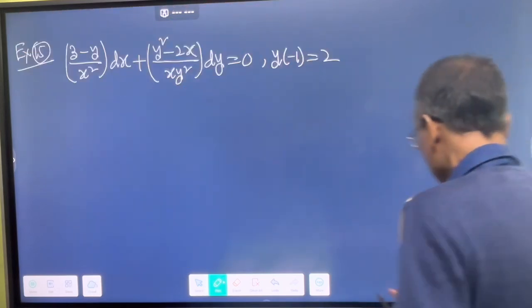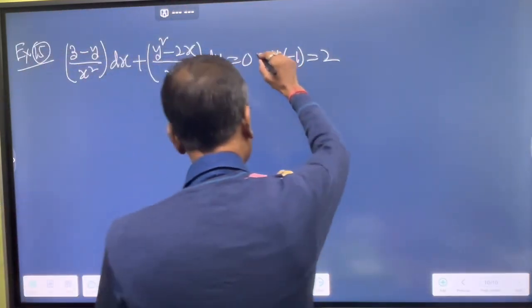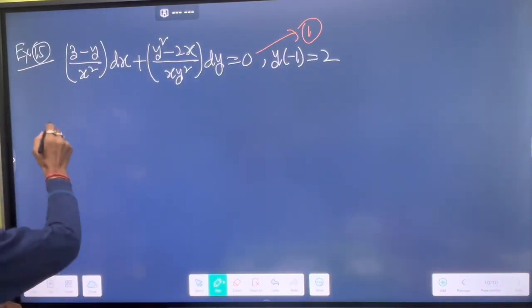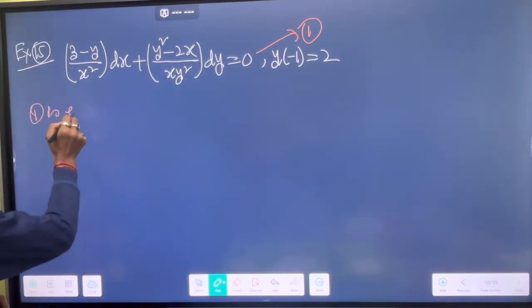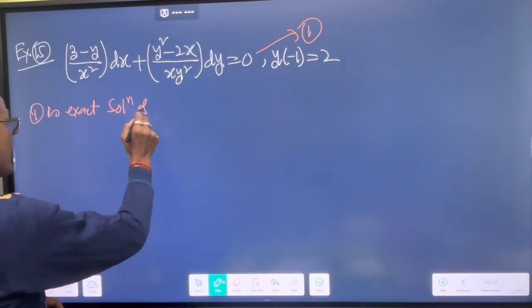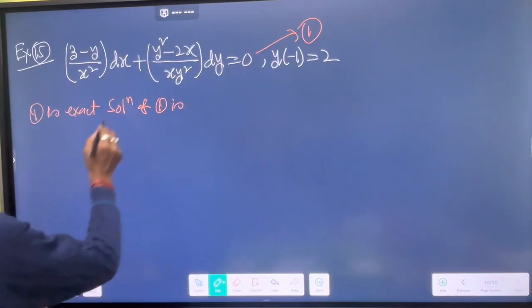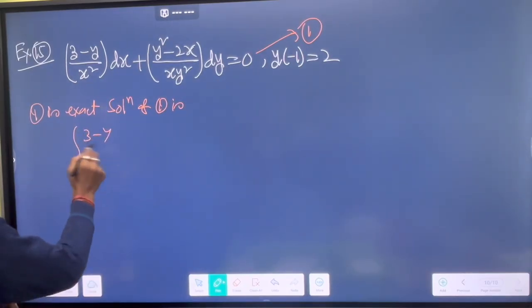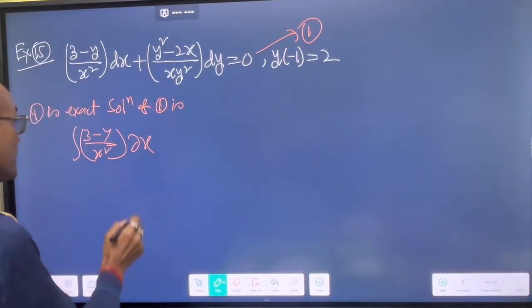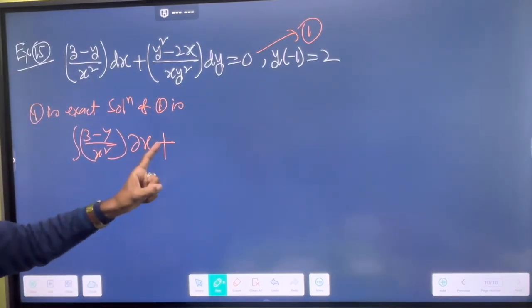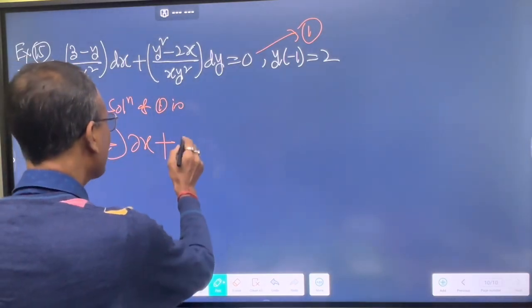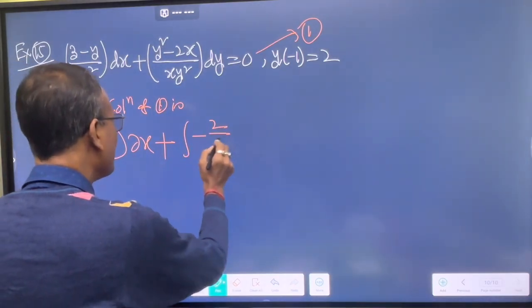Method 2. This is equation 1, and 1 is exact. Solution is the integral of M dx plus take only those terms which are free from x, minus 2 by y square dy.